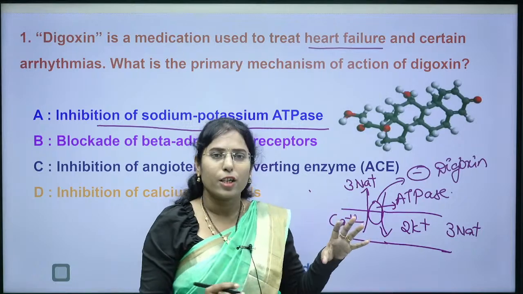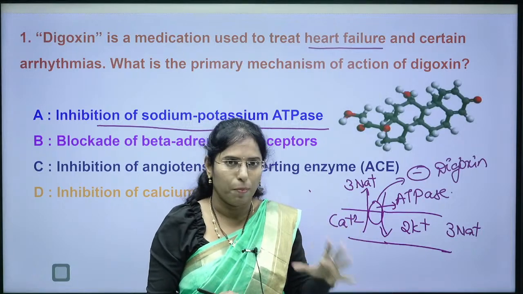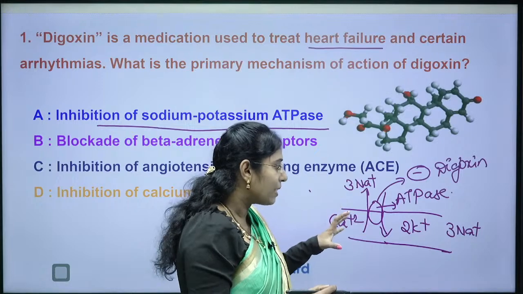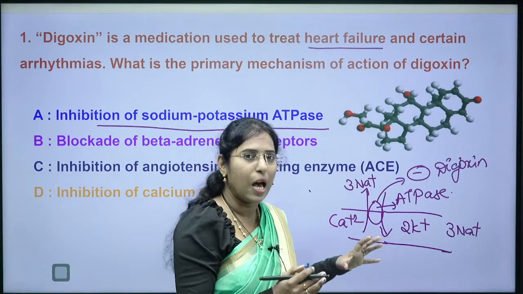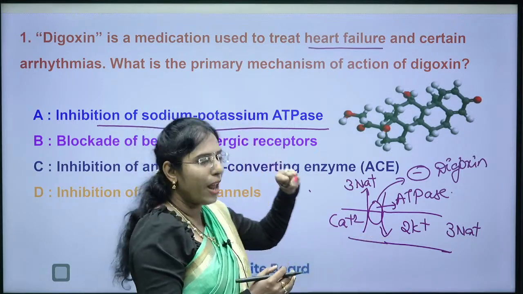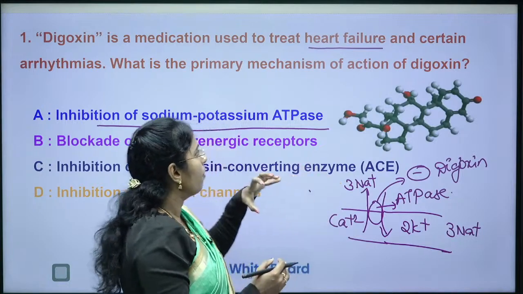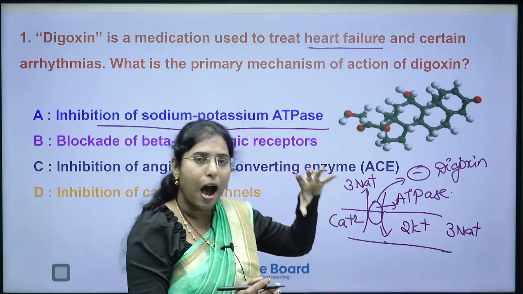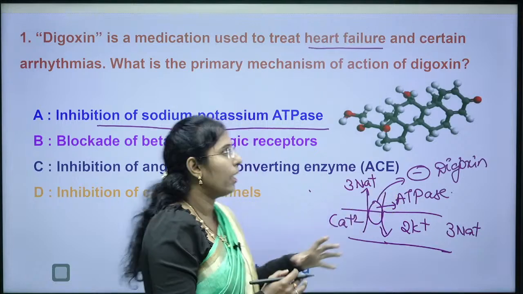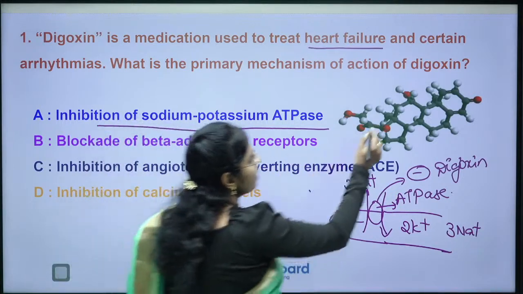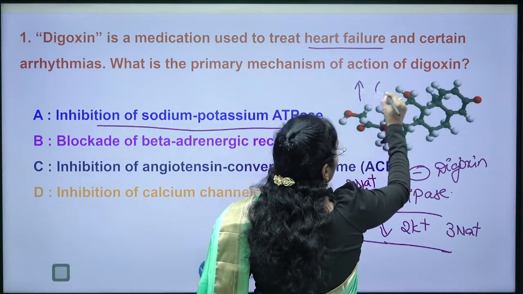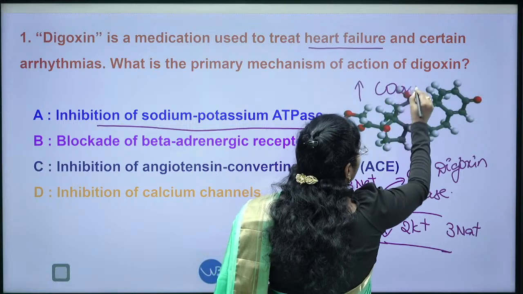Calcium is mainly responsible for contraction of the muscle. So due to the increase in calcium ions, the muscle contracts, forcing the heart to pump more blood, thereby increasing the cardiac output.